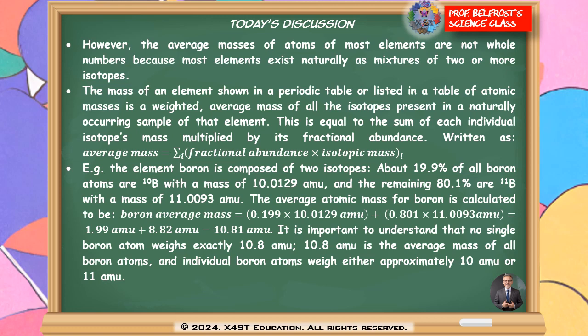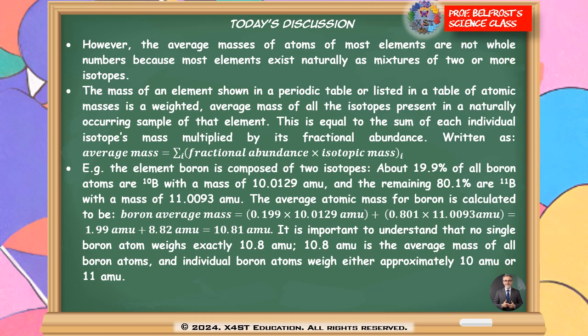Here's an example for you. The element boron is composed of two isotopes. About 19.9% of all boron atoms are boron 10 with a mass of 10.0129 AMU, and the remaining 80.1% are boron 11 with a mass of 11.0093 AMU. The average atomic mass for boron is calculated as shown.